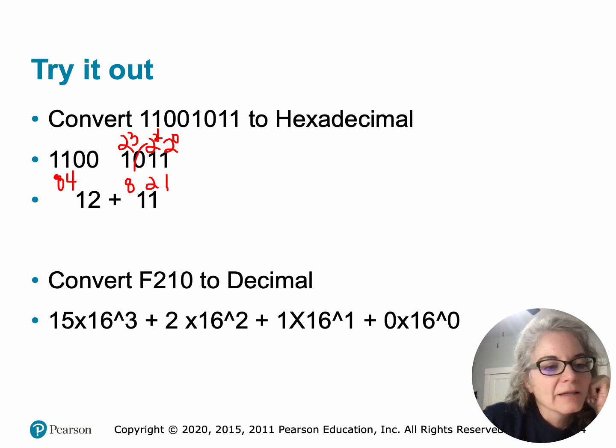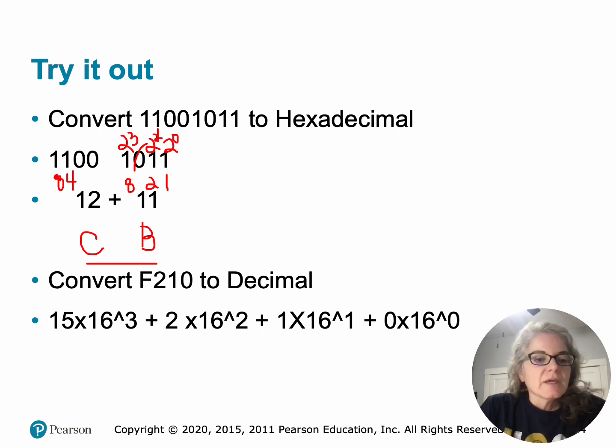So 8 plus 2 is 10, plus 1 is 11. 8 plus 4 is 12. And then remember in hexadecimal, 11 is B, because 10 is A, and 12 is C. So the hexadecimal number for this binary number is CB.